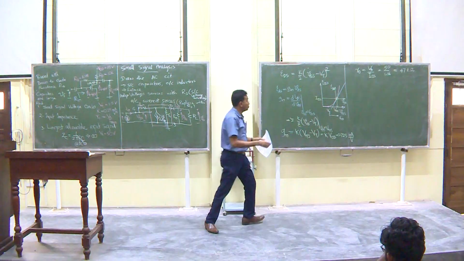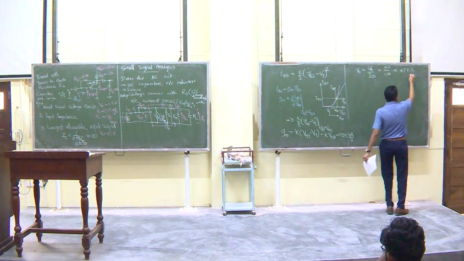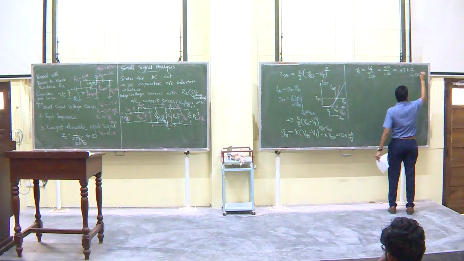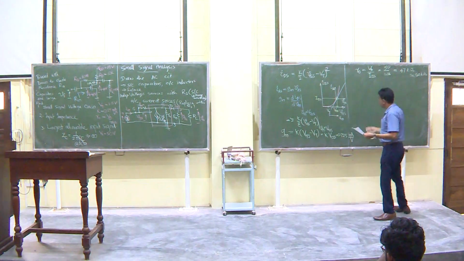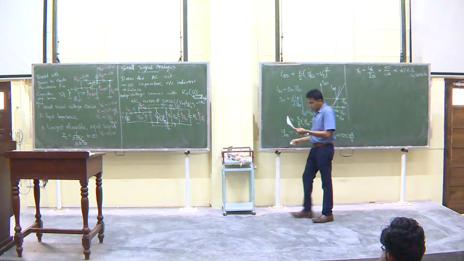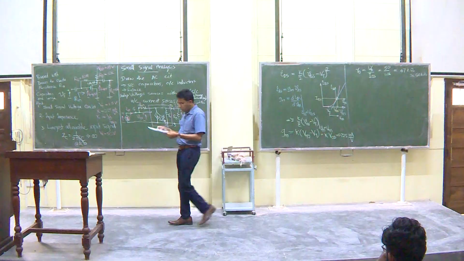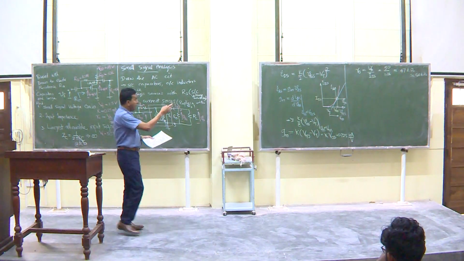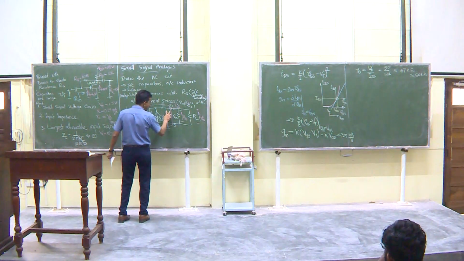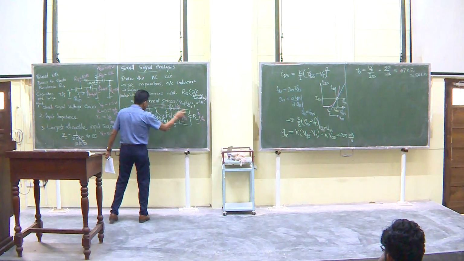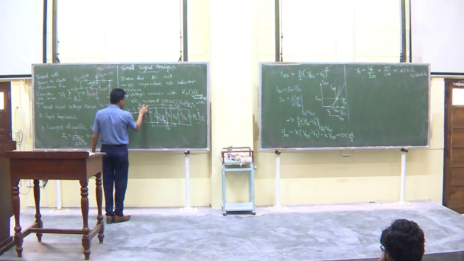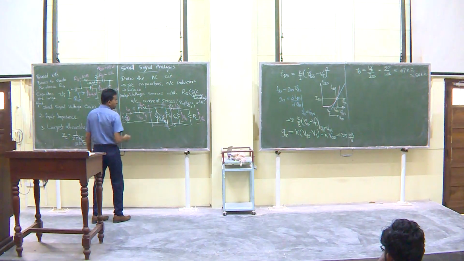If you want to say it's roughly equal to 50, that is fine, because assuming this to be roughly 1. Okay. Now we have these quantities. You know this, you know this, you know this value, and you know this value, right?